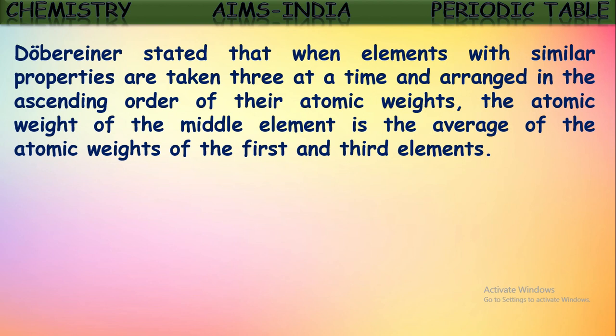So he took three elements with similar chemical properties and arranged them in increasing order of their atomic weights. Then he observed one more interesting point: the atomic weight of the middle element in that set of three is equal or nearly equal to the average of the atomic weights of the first and third elements.